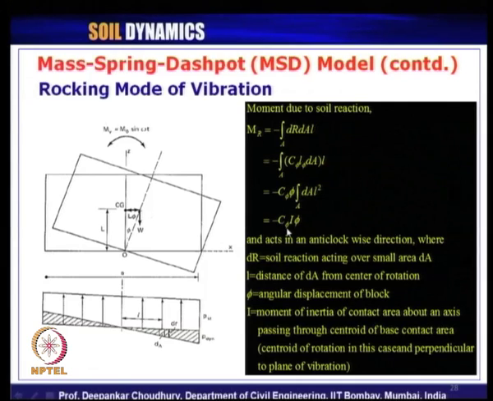It will finally give the expression C phi times I times phi, and it acts in the anticlockwise direction, where this dr is soil reaction acting over the small area dA, L is the distance of dA from the center of rotation, phi is angular displacement of the block, and I is moment of inertia of the contact area about an axis passing through the centroid of the base contact area.